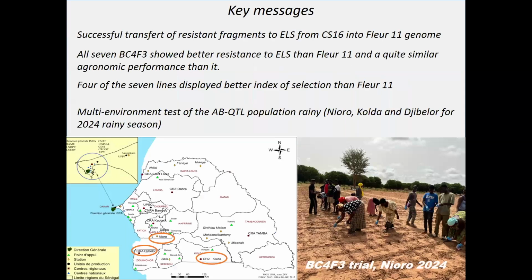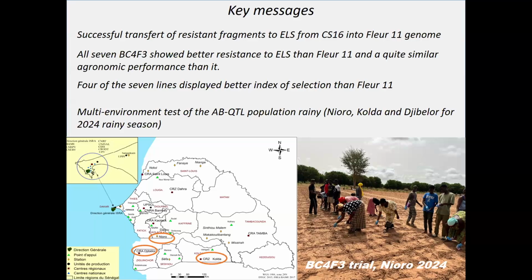So the take-home message of our presentation is that we successfully transferred fragments of resistance to ELS from CS16 into the flower 11 genome, and all the lines we have developed were more resistant than flower 11 and are all quite performant in agronomic traits like flower 11.